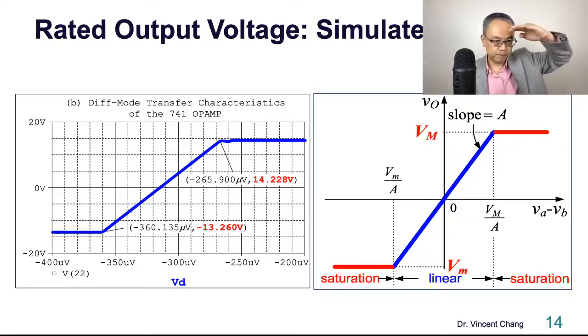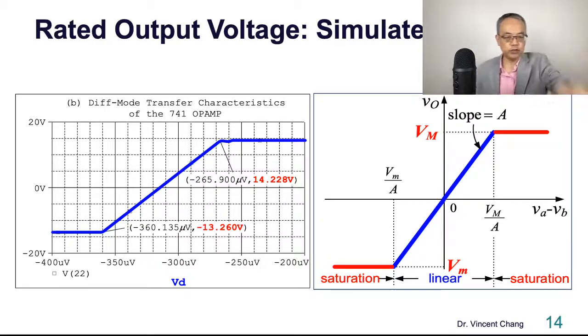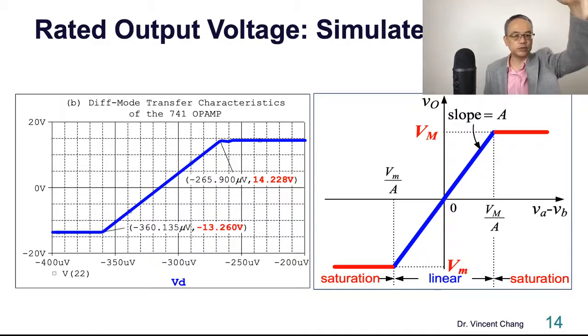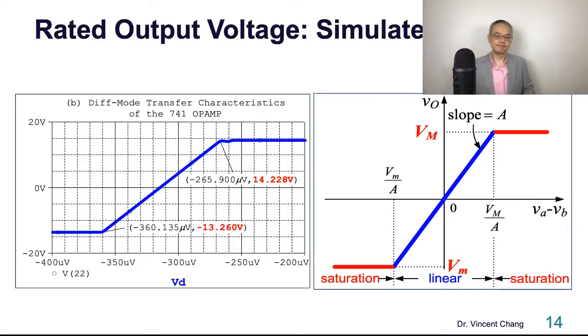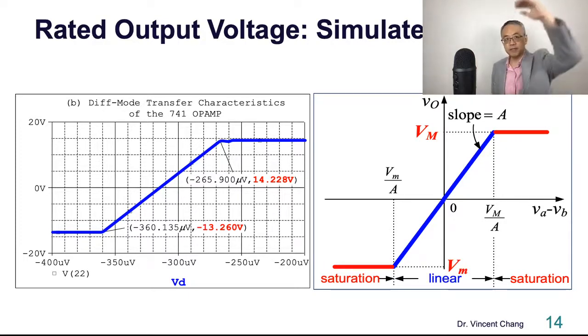Number one, the rated voltage is going to be lower than your supply voltage, but approaches your supply voltage. Number two, positive and negative saturation voltage is sometimes, actually most of the time, not symmetric. It's not going to be positive 14.2 and negative 14.2. It's not the case.